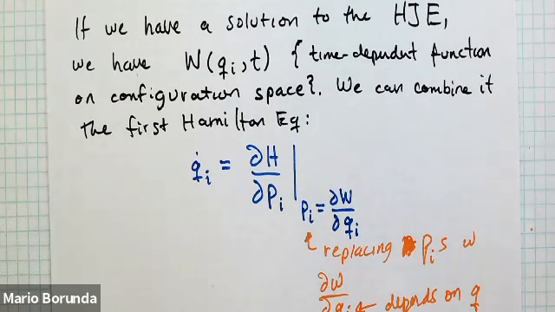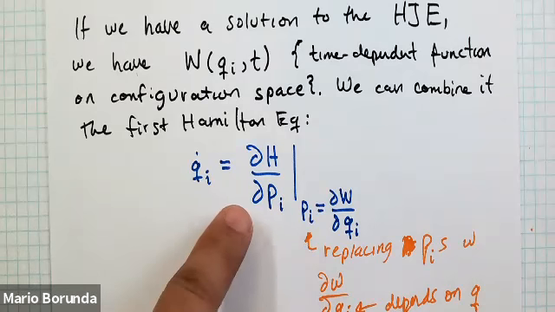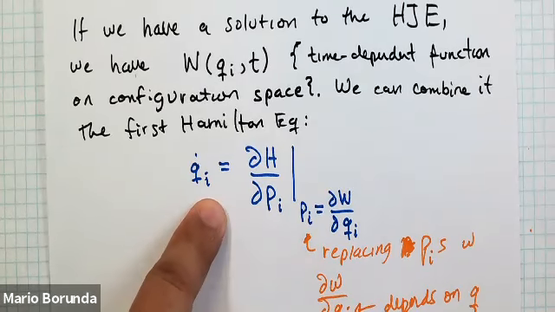So what is this function W doing? This function W is going to tell you the path of the classical system. You start off at a point on configuration space, and W is kind of like a real valued classical wave function of your system. And this wave function is evolved following this equation right here.